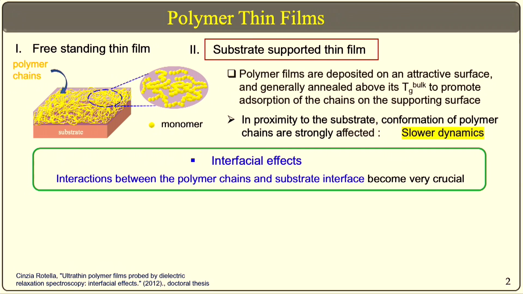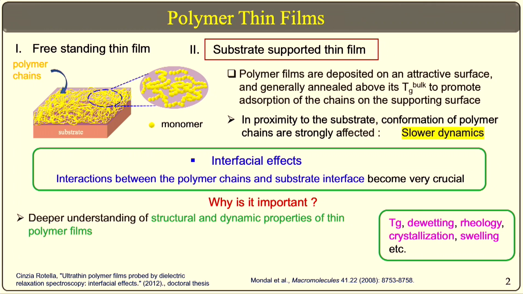One of the effects that becomes very important is the interfacial effects. As you can already see, there are 2 interfaces, one being the polymer-air interface and the other the substrate interface. However, the substrate interface is much more dominant over the upper interface. This is important because polymer thin films are widely used, from technology to day-to-day applications.